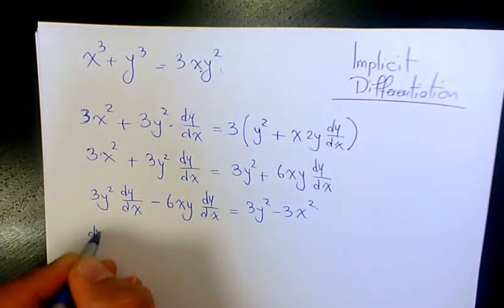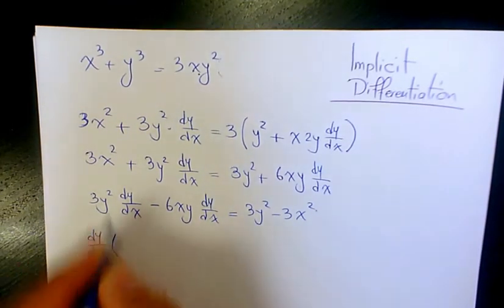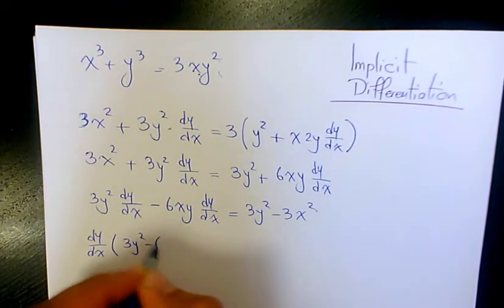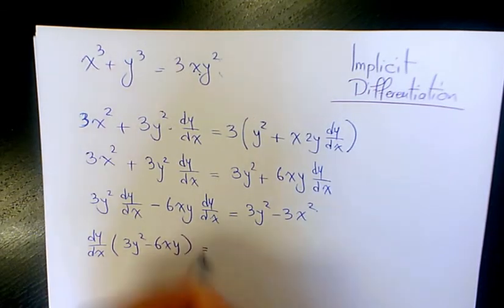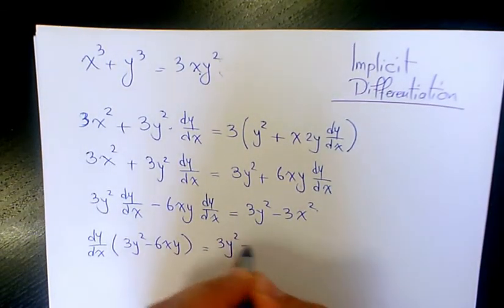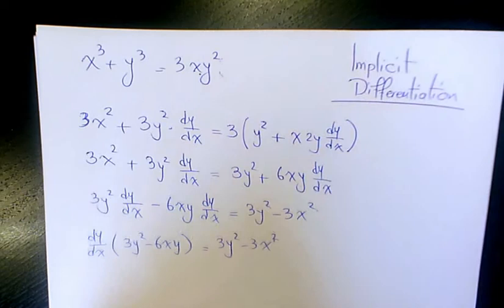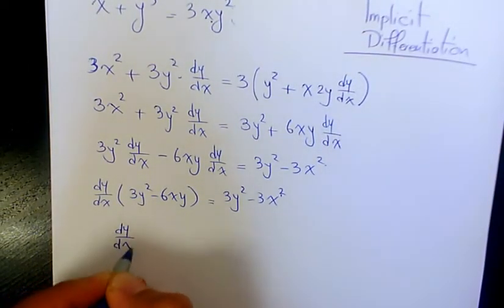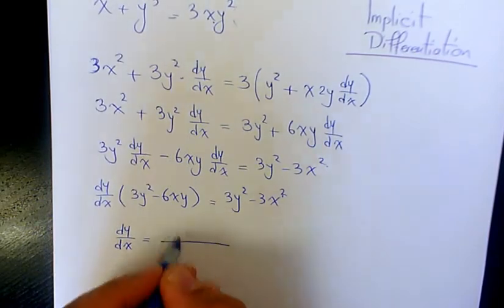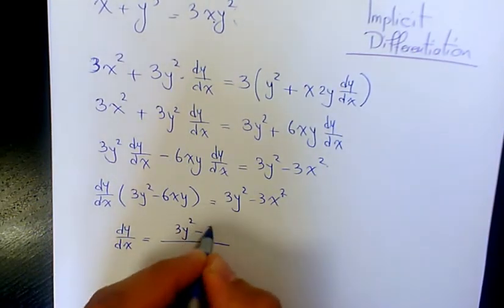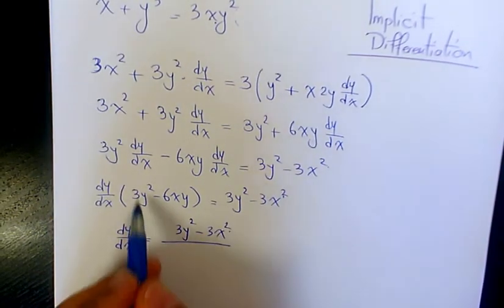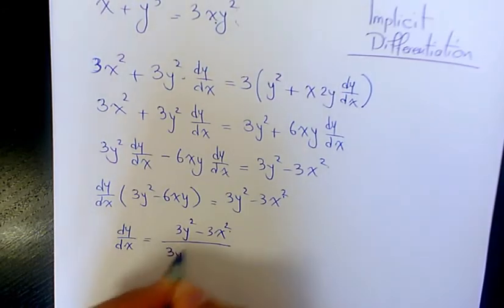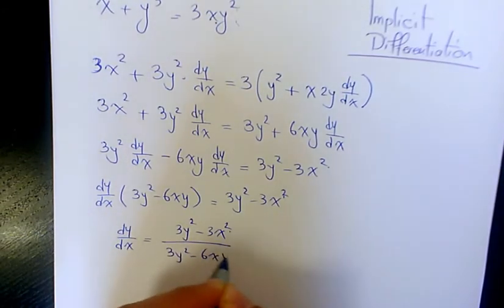Then you factor out dy over dx. It's going to be 3y squared minus 6xy equals 3y squared minus 3x squared. Dy over dx will be 3y squared minus 3x squared divided by 3y squared minus 6xy.